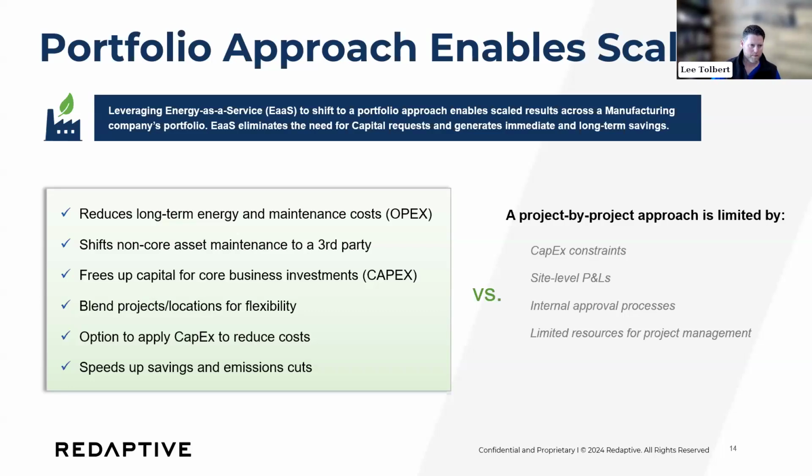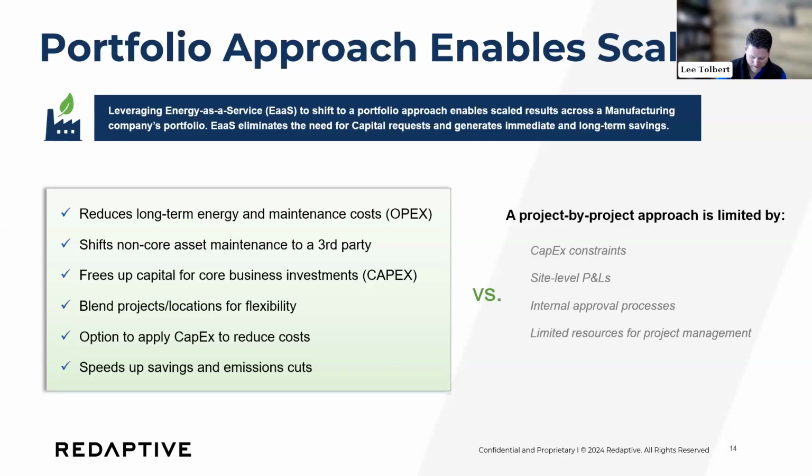So thinking about it in that lens, some of the main benefits of doing a portfolio approach is really getting to that scale, right? You're able to reduce your long-term energy costs, right? You're able to shift non-core asset maintenance to a third party, meaning Redaptive or others, right? You're able to free up capital for core business investments.